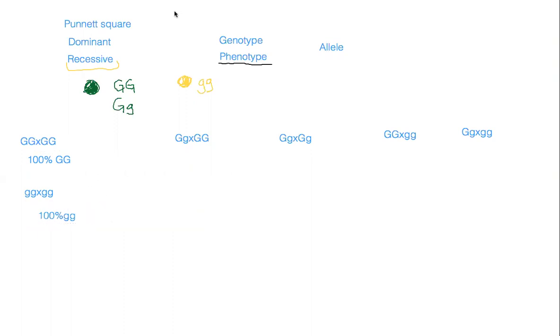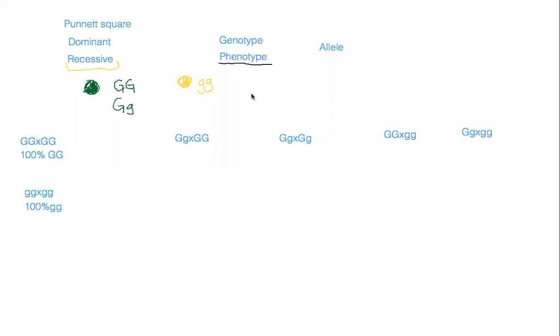So in those 2 cases, you can do it mentally because there's no other option. You cannot get a gene from nothing. So those 2 are pretty easy to tell.